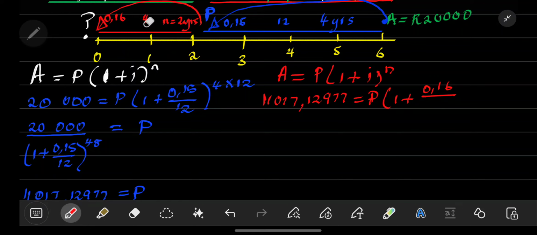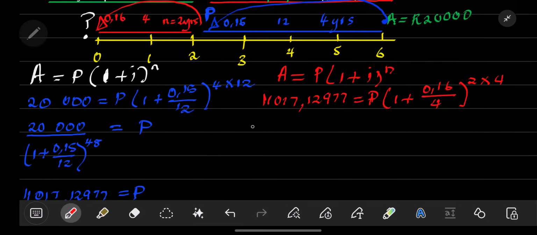What is our compounding period? It is quarterly, and we have 4 quarters. And from there, the number of years is 2 years times our compounding period, which is 4, right? Then you do the similar thing like the way you did here.